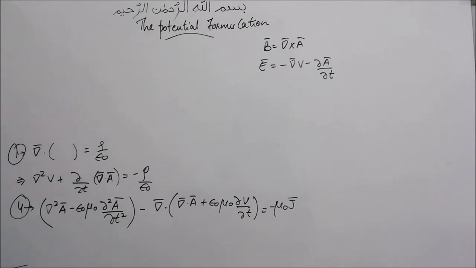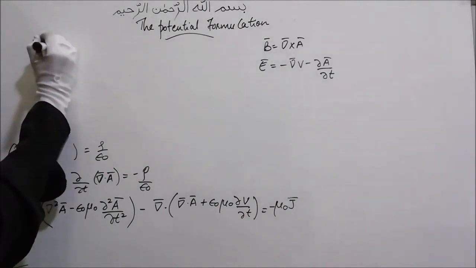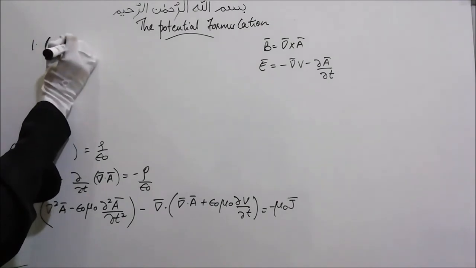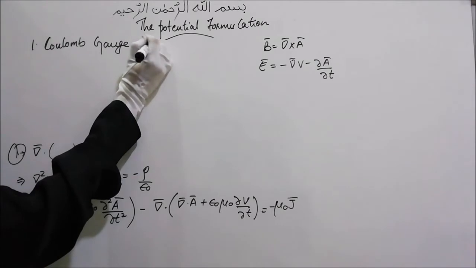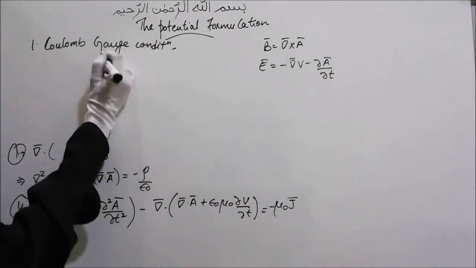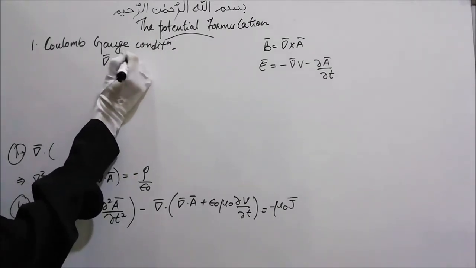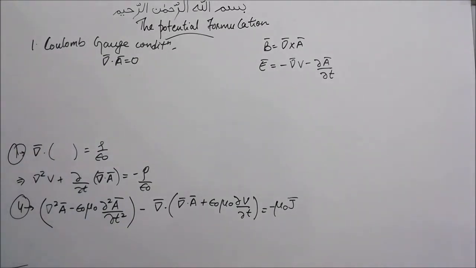Now we have two conditions. First is the Coulomb gauge condition, and according to this condition we have del bar dot A bar is equal to 0.